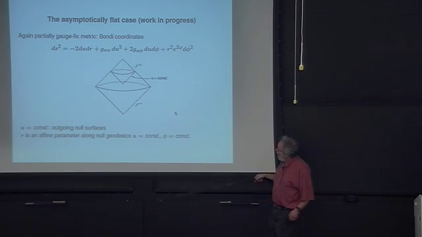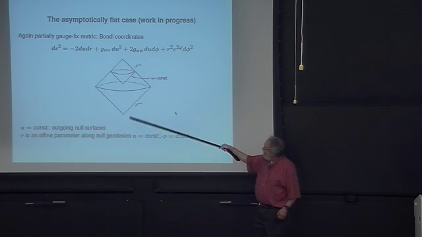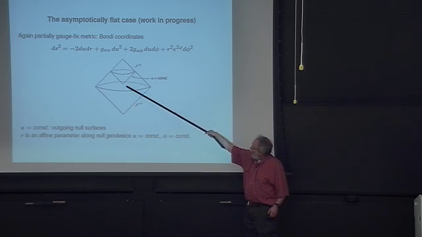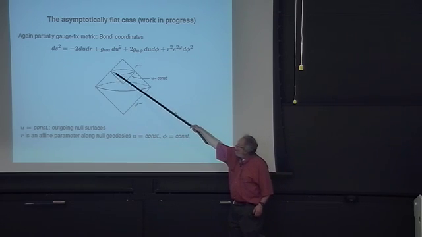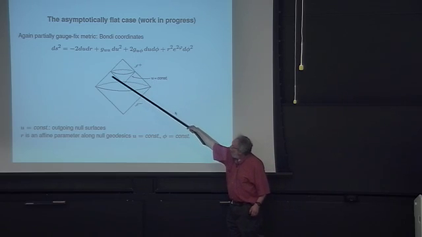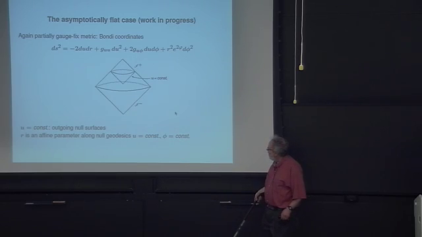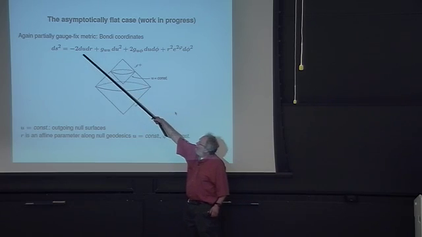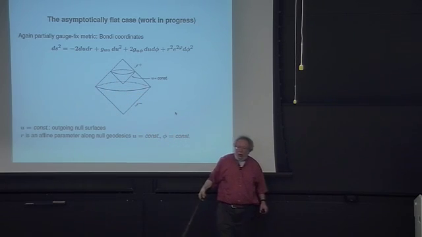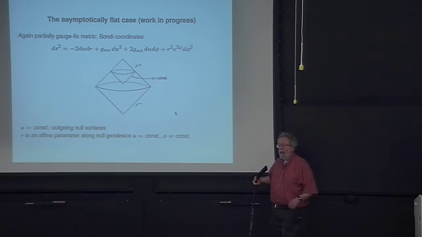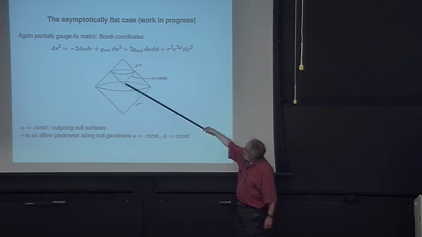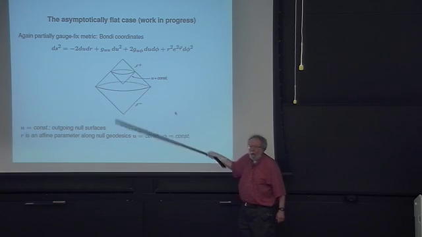The basic things that go into this metric are that u is a retarded time. So the metric is foliated by these null cones of constant u, constant retarded time. And with this choice, in particular with this choice of the factor of -2, the radial direction r is an affine parameter along the geodesics that rule these outgoing cones.